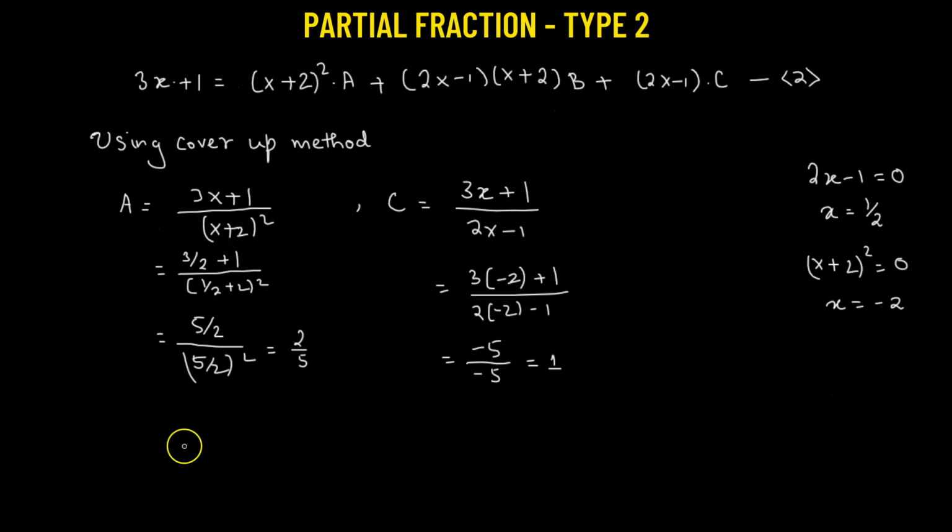Now again going back to equation number 2. Clearly we can see here that it's an equation with an identity in x. So we're going to take some values here. Let's take x equal to 0.